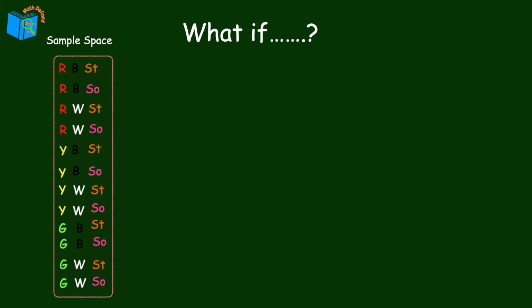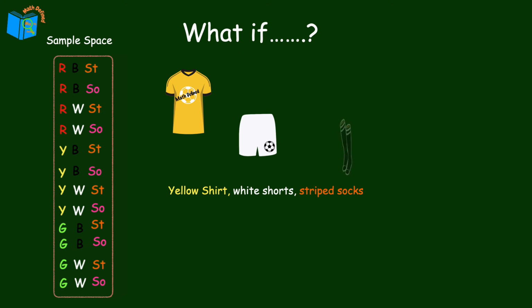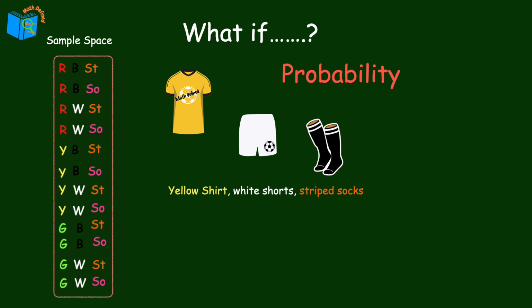What if you really wanted one specific uniform combination, like your absolute favorite, a yellow shirt, white shorts, and striped socks? What are the chances, or the probability, of you actually getting it? We're going to need to use our sample space to figure it out. To find the probability of getting that exact uniform combination, we need to ask, how many outcomes are there in total? We already know there are 12 combinations in the sample space.